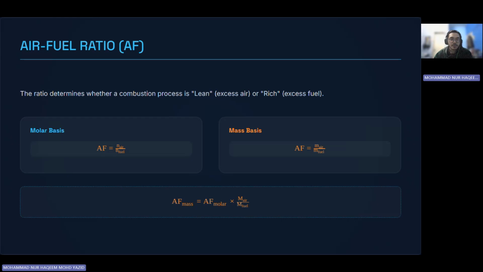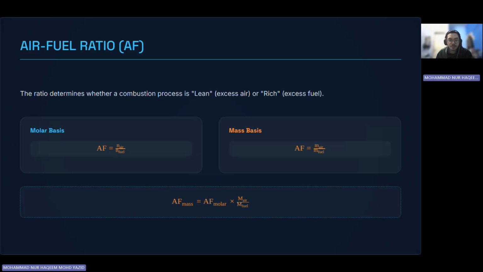The air-fuel ratio, or AF, helps us determine whether a combustion process is lean, which is excess air, or rich, which is excess fuel. On a molar basis, AF is equal to the N of air over the N of fuel, while on a mass basis, we compare the mass, so AF is equal to the mass of air over the mass of fuel.